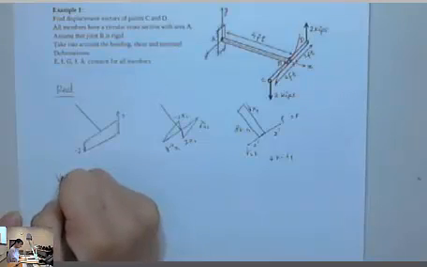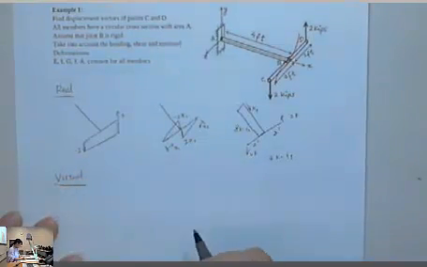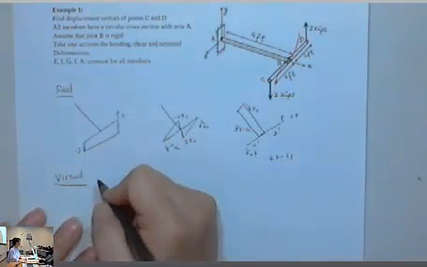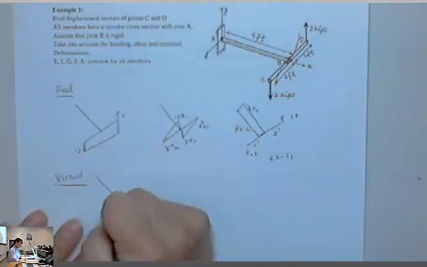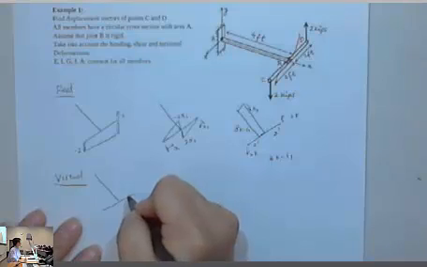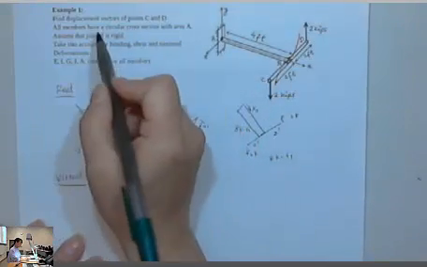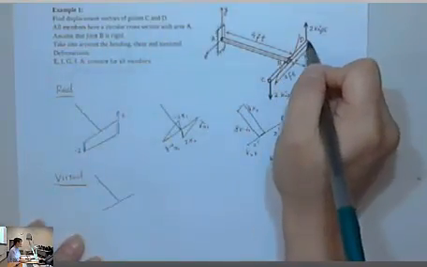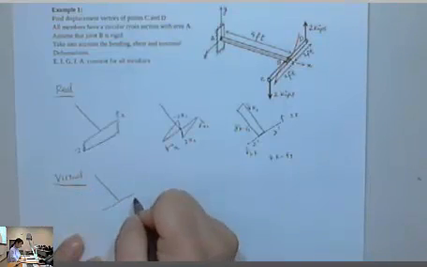And then for the virtual part, what kind of virtual forces are we gonna apply? We're looking for the displacement at C and D. So we apply virtual forces at these 2 points, right?